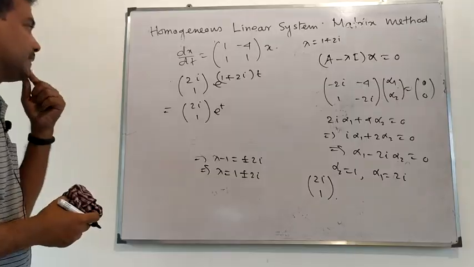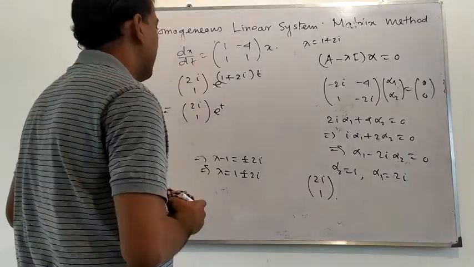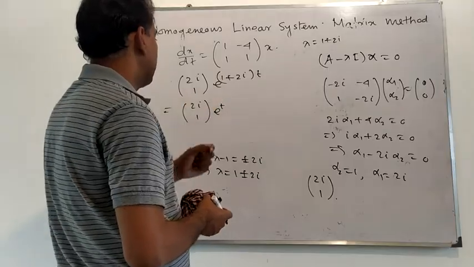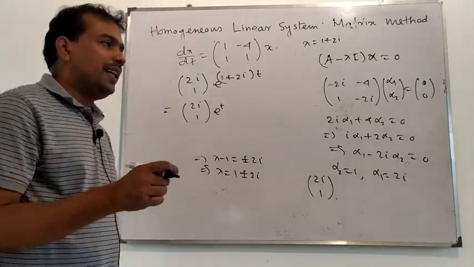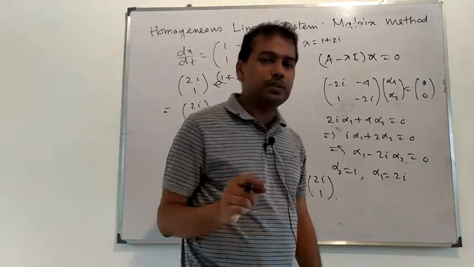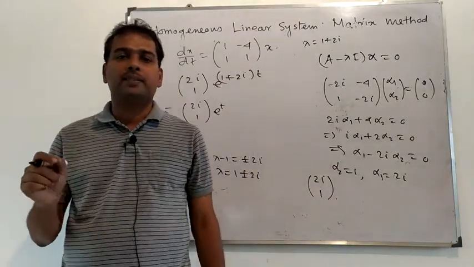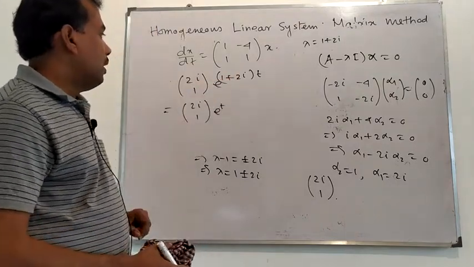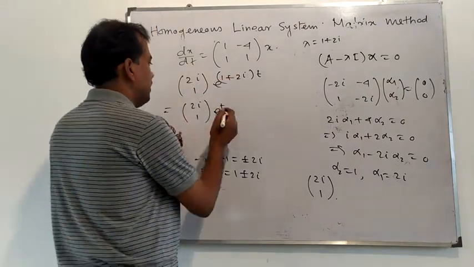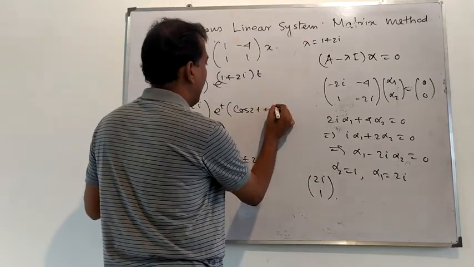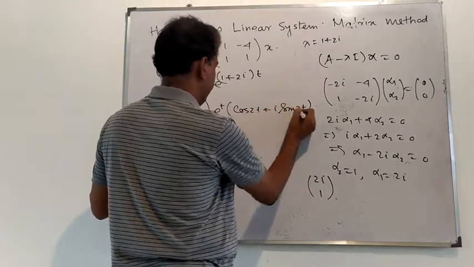Here we use the exponential function of a complex number. We know exp(z), where z equal to x plus iy, is equal to e to the power x (cos y plus i sin y). Here x equal to 1, y equal to 2, so this is equal to e to the power t (cos 2t plus i sin 2t).